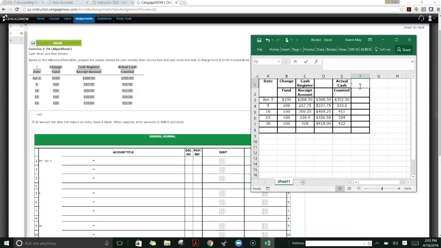So the actual cash, short, or over. In this case, we counted $352.50, but what should be in there is $368.50. So are we short or are we over? The way to do that is to take what you actually counted minus this column.